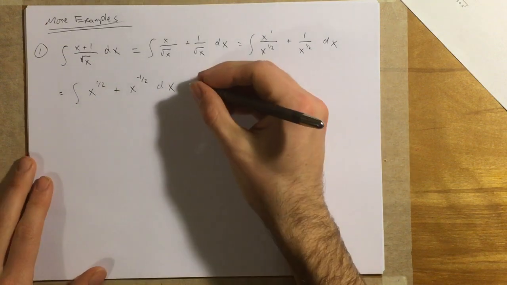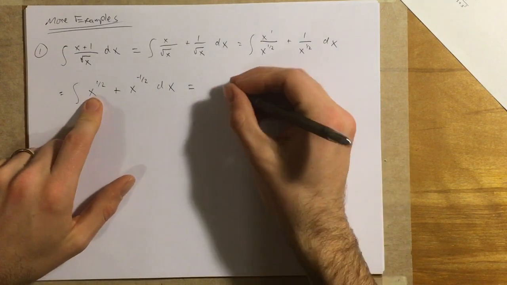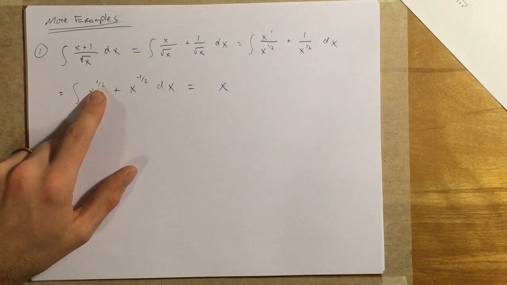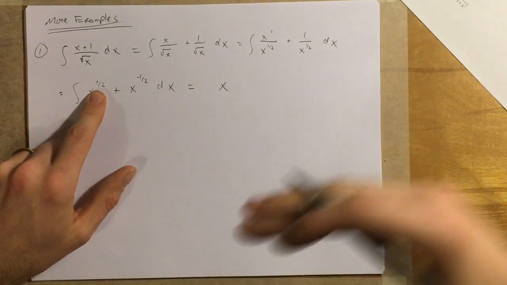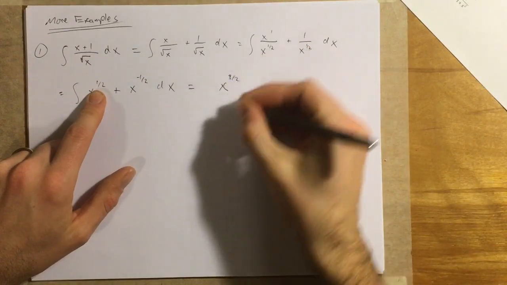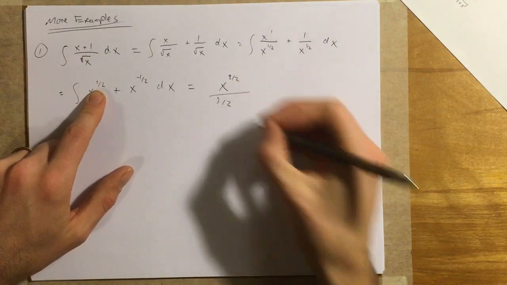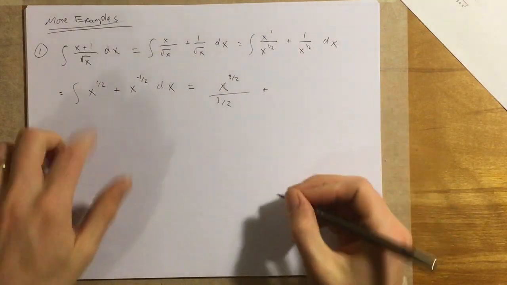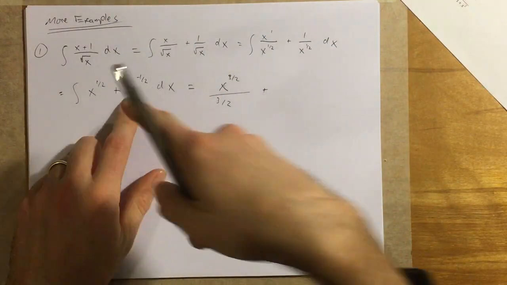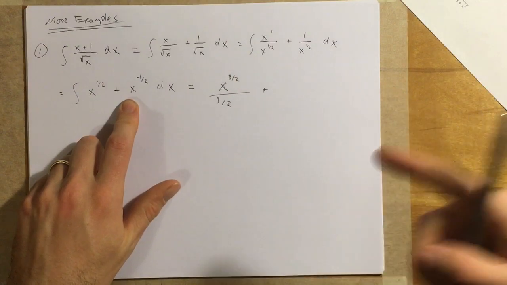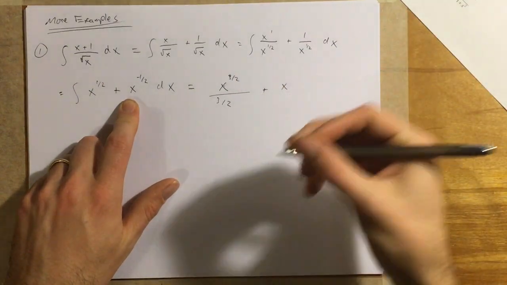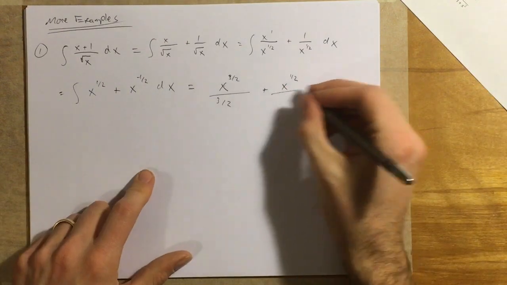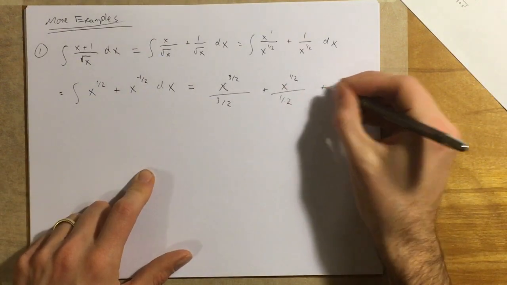So here's how we apply the inverse power rule. First one, instead of to the power 1/2, we take that power 1/2 and increase it by 1. So 1/2 plus 1 is 3/2. Then you divide by that number. So x to the power 3/2 divided by 3/2. For the second term, we take negative 1/2 and add 1, which brings us up to positive 1/2, and then we divide by 1/2. And then we'll throw a plus c on the end.